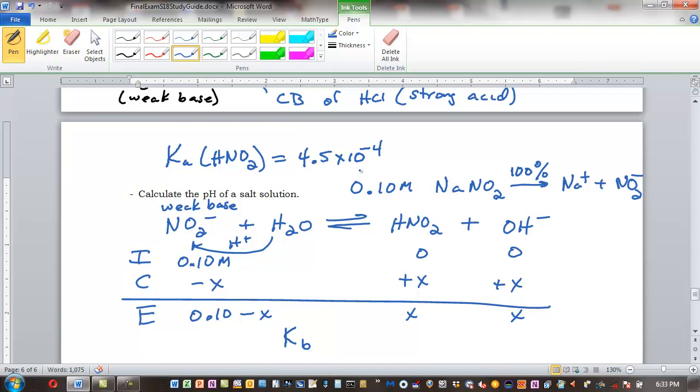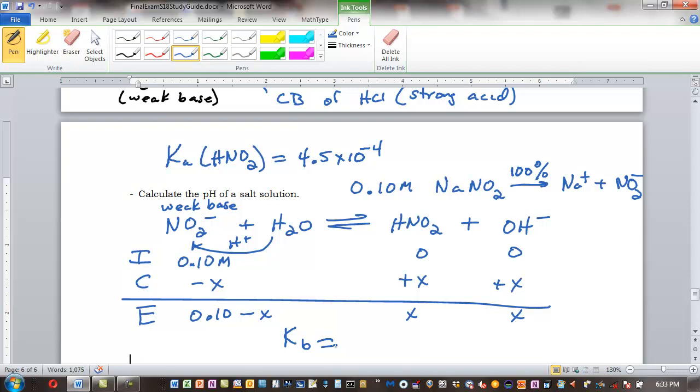So this certainly is not HNO2. It is the conjugate base of HNO2, so we need its Kb value for that conjugate base. How do we get that? Kw divided by Ka.